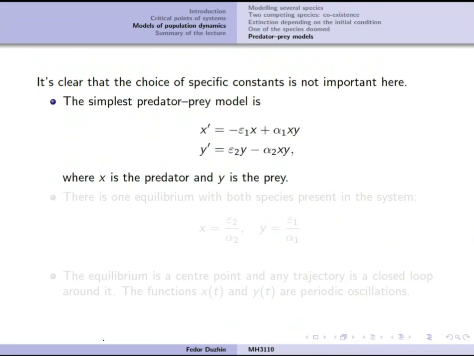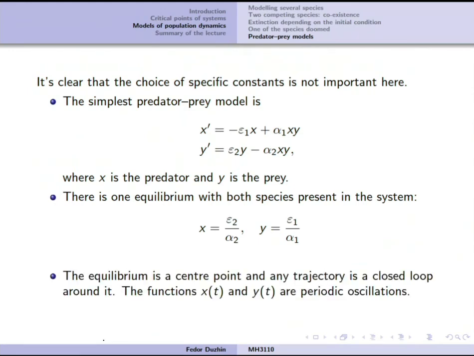So any system of this sort is going to look like this one: positive coefficient at xy for the predator, negative for the prey, and negative at x for the predator, positive for the prey. And then there will be one equilibrium with both species present in the system, and the equilibrium is a center point, and every trajectory is a closed loop around it.